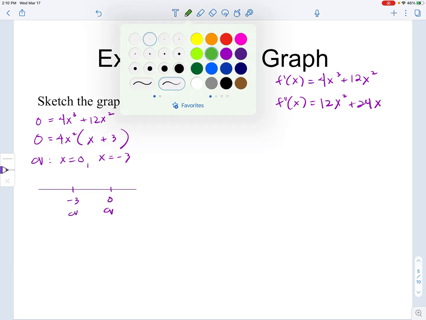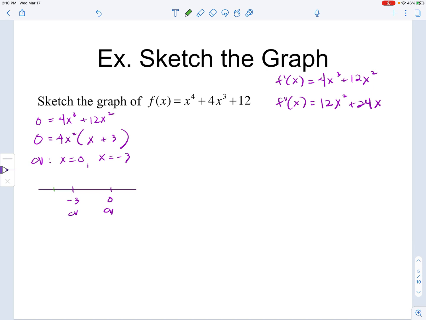So putting those values on the analysis line in order and using test values, use -1. And plugging those values in.